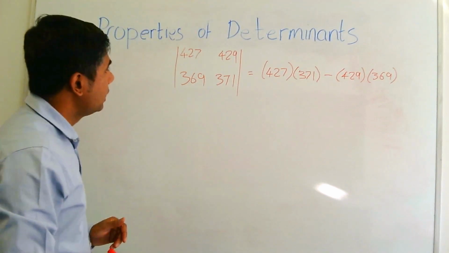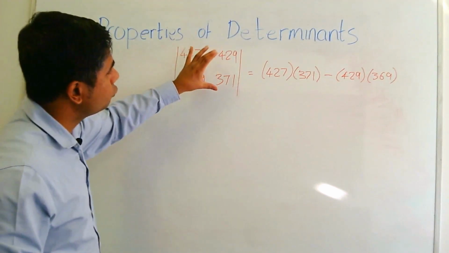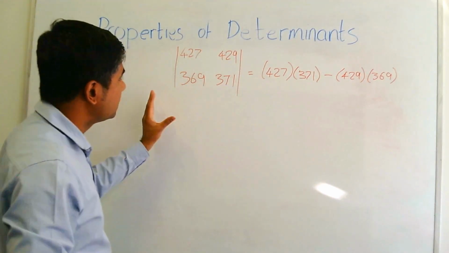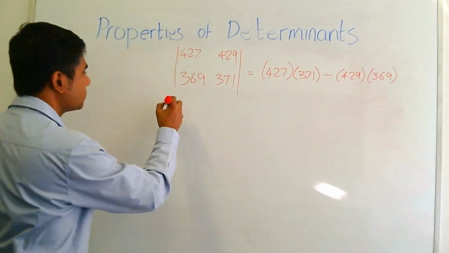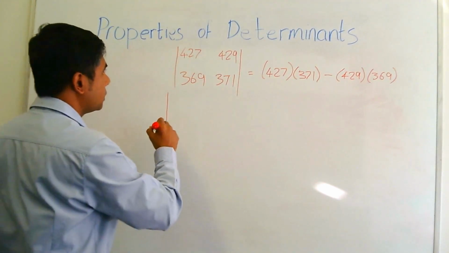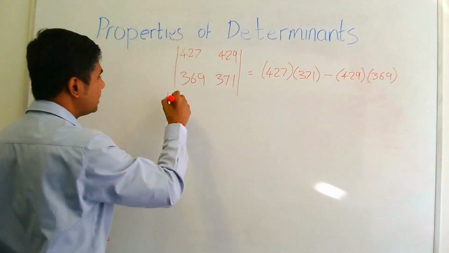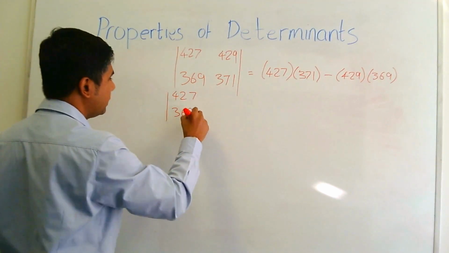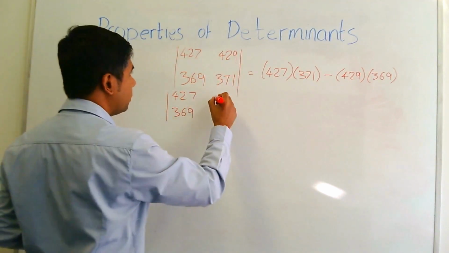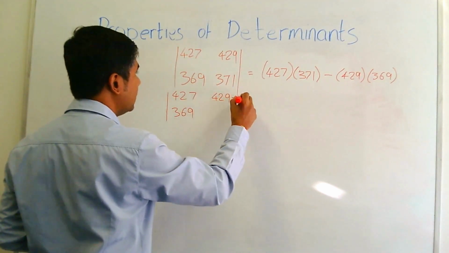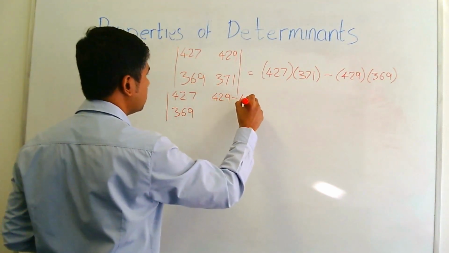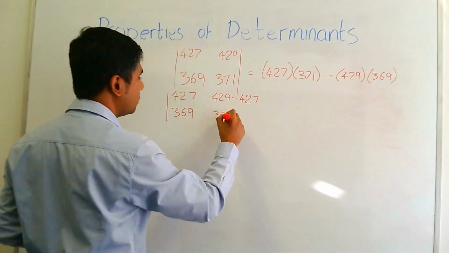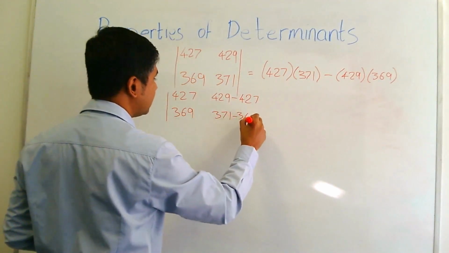We're going to take column 2, and from column 2, we're going to subtract column 1. So column 1 stays the same, so we have 427 and 369. And then in column 2, we're going to have 429 minus 427, and then 371 minus 369.